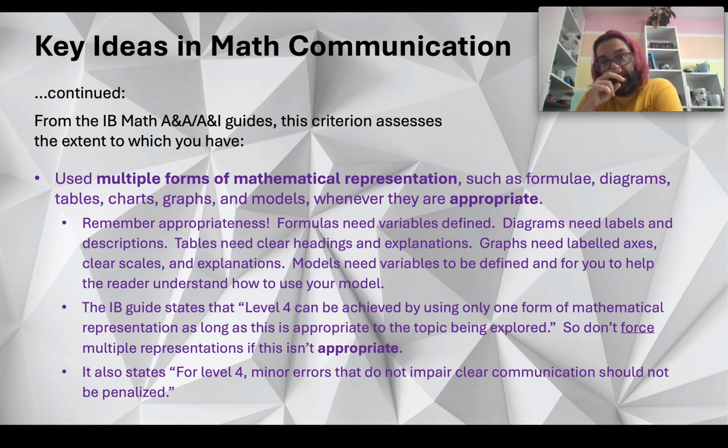If it's appropriate in your exploration to include diagrams, or tables, or charts, or graphs, or mathematical models, any of those things, when they're appropriate, you should use those forms of mathematical representation. If including a chart makes it easier and better to communicate the math that you're doing, use a chart. If the thing that you're doing is hard to understand without a diagram, put in a diagram.